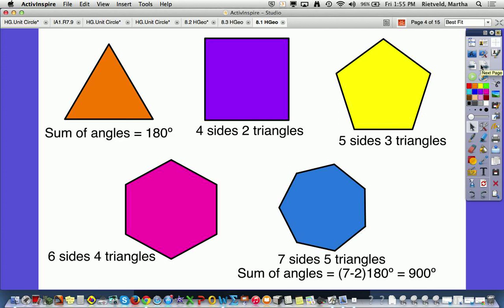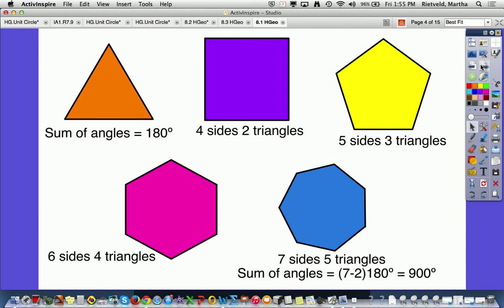And then we're going to talk about the angles inside those polygons. All of the ones on this slide are convex polygons. We all know that the sum of the angles in a triangle is 180 degrees. And what we're going to be able to do is find the sum of the measures in any polygon, regardless of how many sides it has, by looking for a pattern.